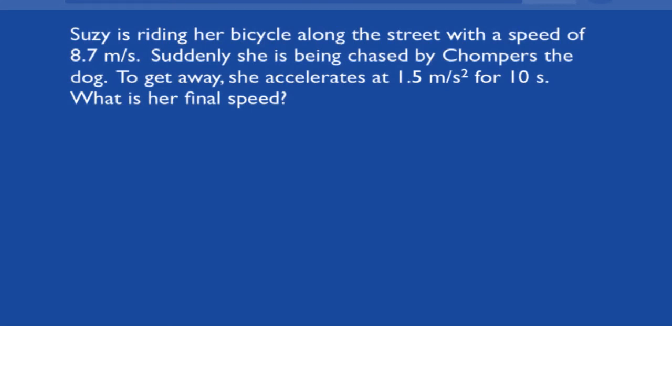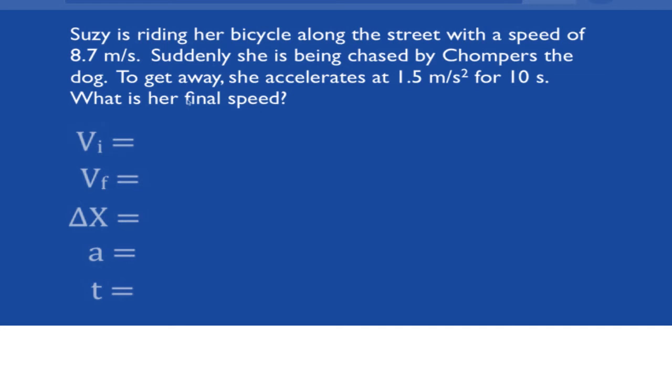Let's try one more. Susie is riding a bicycle, and she is going 8.7 meters per second. Suddenly she is being chased by a dog. To get away, she accelerates at 1.5 meters per second squared for 10 seconds, and we want to know what is her final speed. Once again, I am going to write down all 5 variables: initial velocity, final velocity, change in position, acceleration, time.